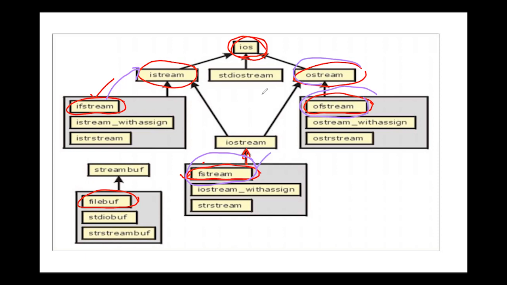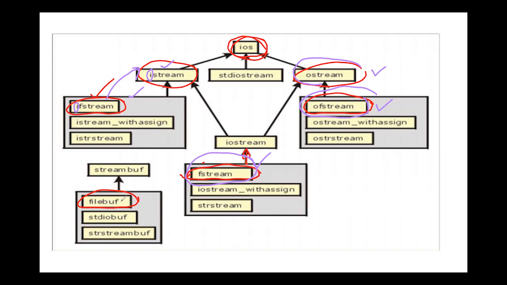You might get confused with these different names which look similar, but just see the prefix here. When I say istream, it is about input. Similarly, when I see i, all these are dealing with the input. Similarly when I say ostream, this is again dealing with the output.